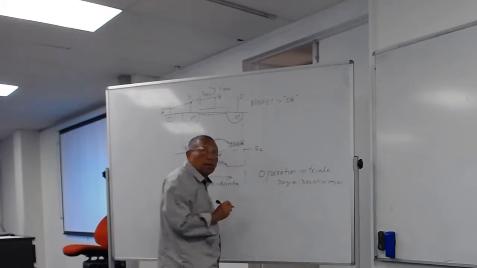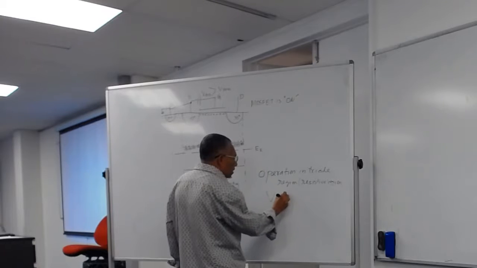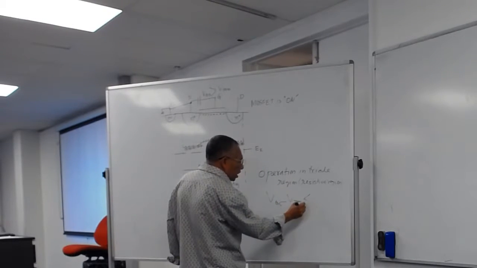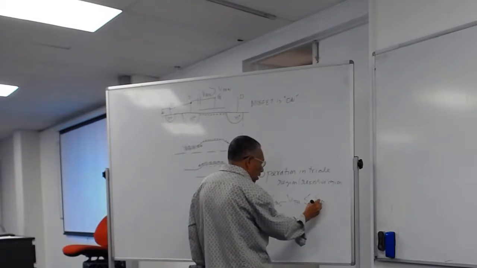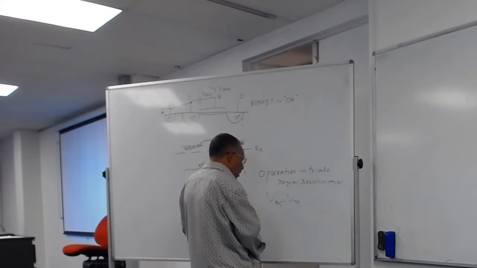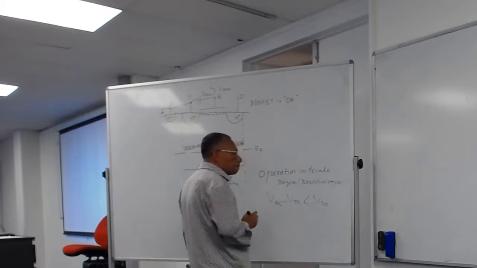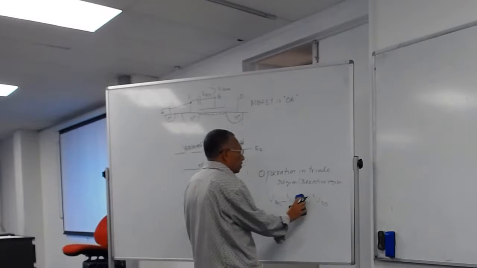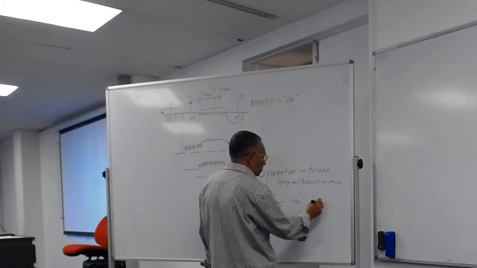That means in this case VGS minus VTHN, as long as it is greater than VDS, it is in this region. This is triode region, greater than VDS.